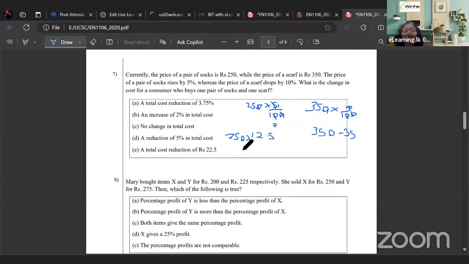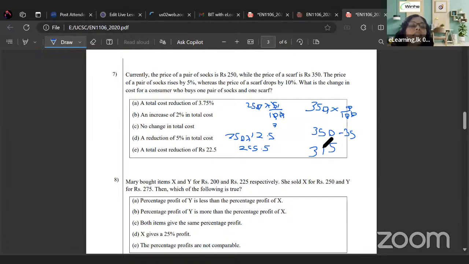Then here 265 plus 5. This one is, then there is a reduction, then the minus 5, 4 minus 3, 1. The scarf becomes 315. Right?